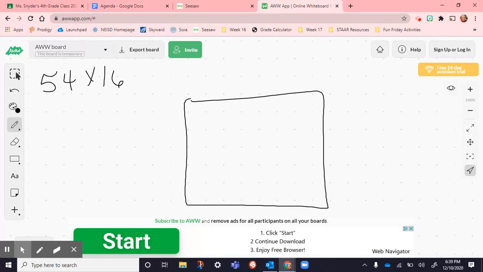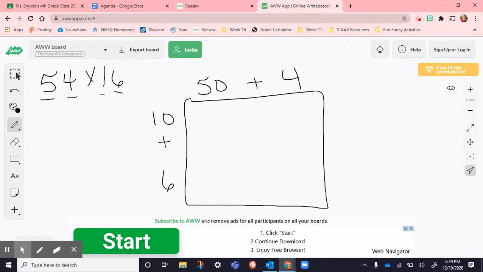So this is 54. The value of the 5 is 50. And the value of the 4, because it's in the ones place, is 4. So 50 plus 4. And then on another side, I'm going to put my second number. So the 1 has a value of 10 plus the 6 is in the ones place, so 6.